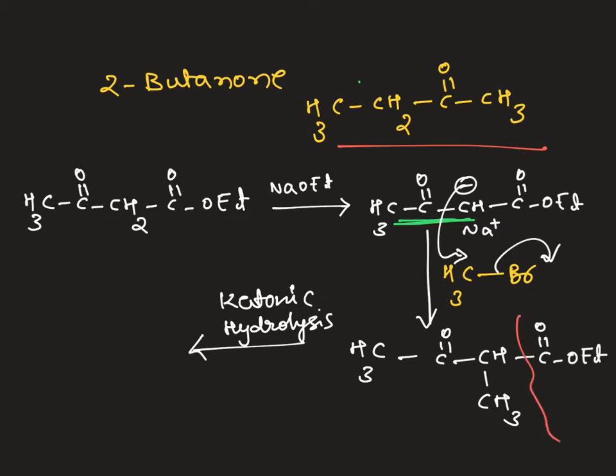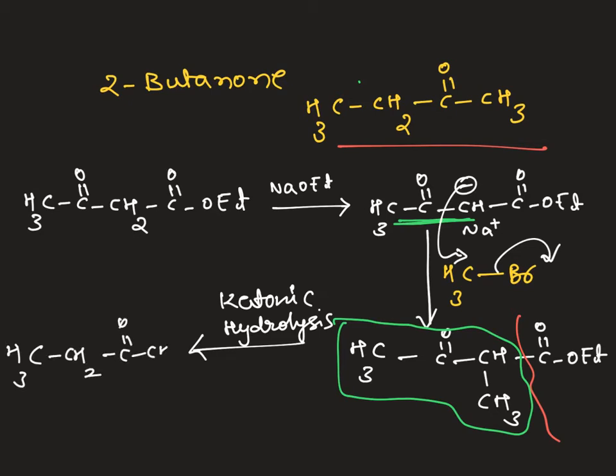The hydrolysis reaction takes place here, and this is the portion we can see: CH3CH2COCH3. We have other products also. The byproducts are carbon dioxide and ethanol. In this way we can prepare ketones by using ethyl acetoacetate. This is another kind of application of ethyl acetoacetate.